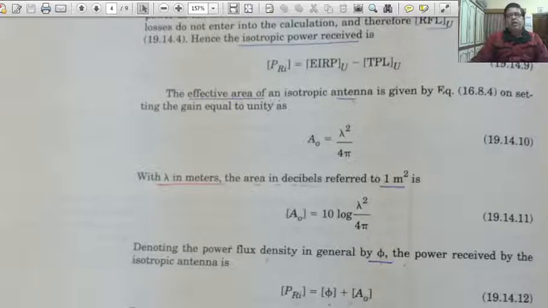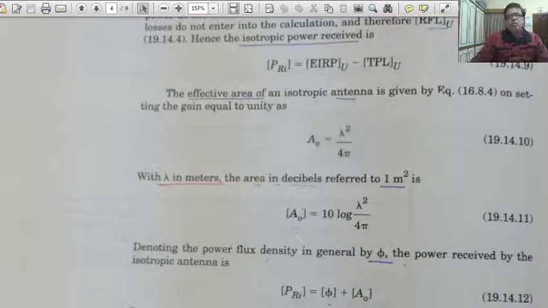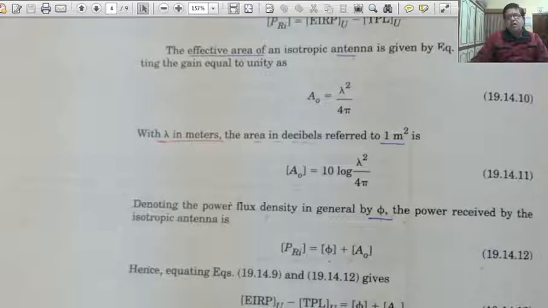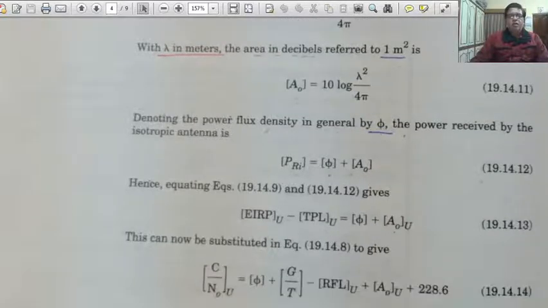The effective area of an isotropic antenna is given by the equation on setting the gain equal to unity. We just set the gain equal to lambda square upon 4 pi, where lambda is in meters, and the area in decibels referred to 1 meter square is given by A0 equal to 10 log lambda square upon 4 pi.